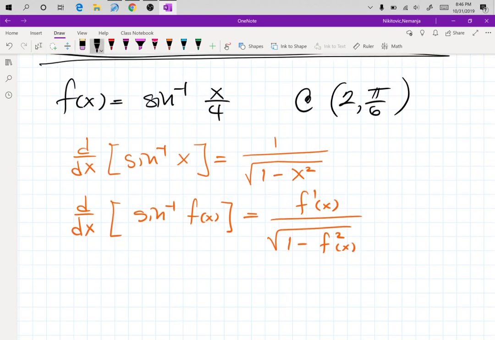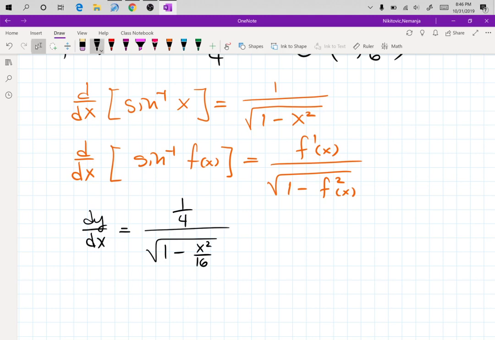So we have our function to be x over 4. So dy dx, the derivative, is equal to 1 over the square root of 1 minus x squared over 16, and then the derivative of x over 4 is just a quarter.